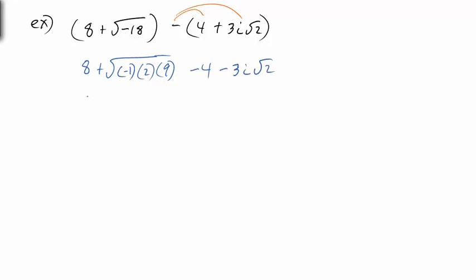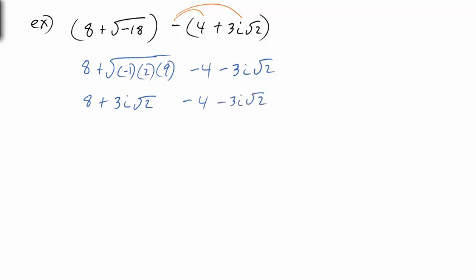So now if we go back, we can simplify the square root. We know the square root of 9 is 3. The square root of a negative 1 is i. And then we would simply leave the square root of 2 because we cannot pull out the 2 from underneath the square root. And then we have minus 4 minus 3i square root of 2.